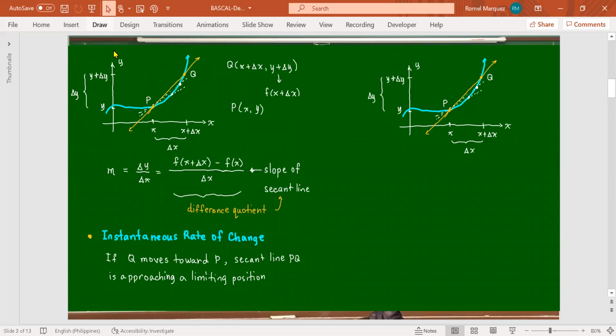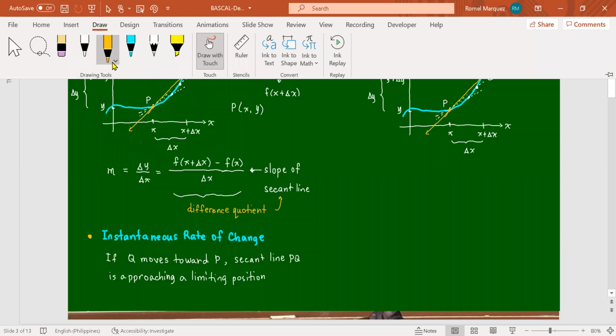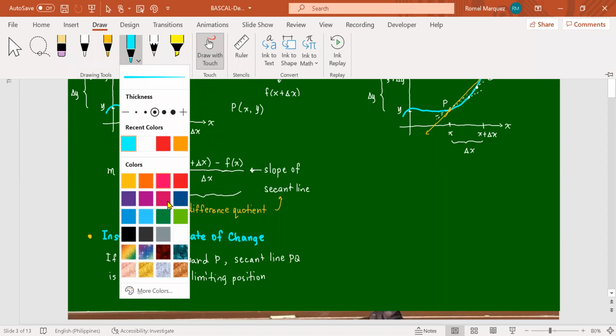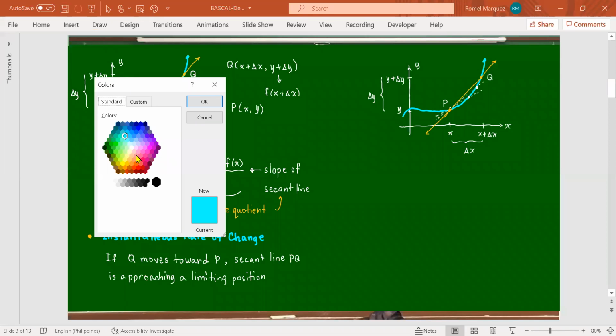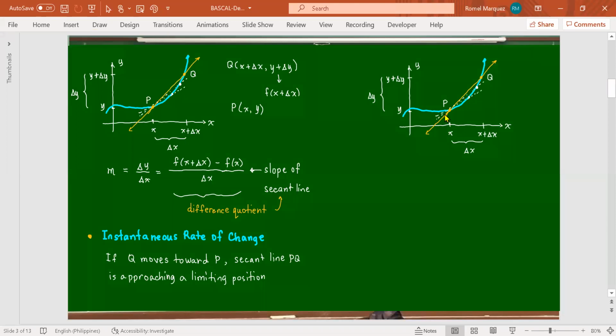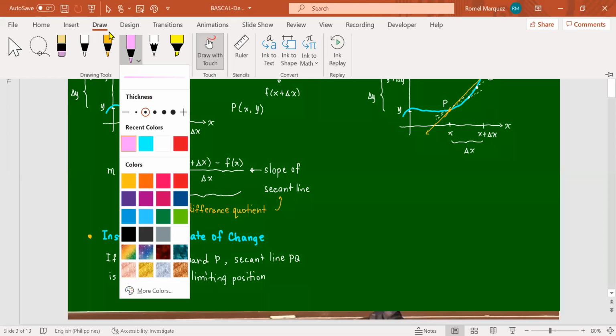So it will reach a limiting position, and that limiting position is called a tangent line. Okay, guys?